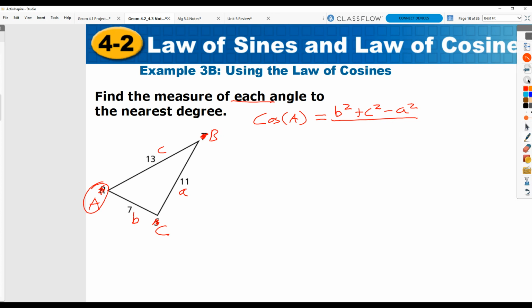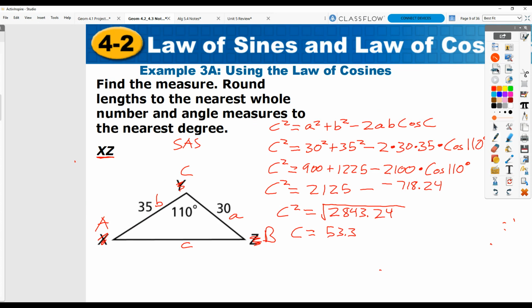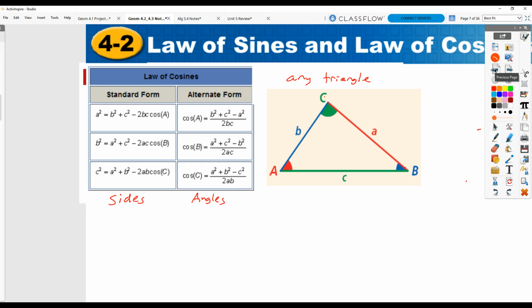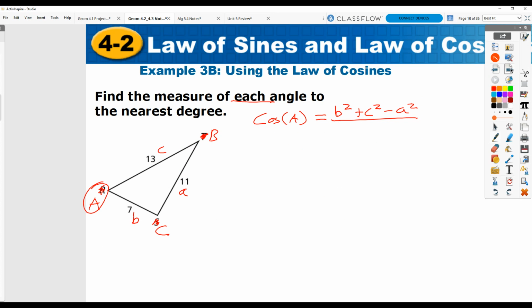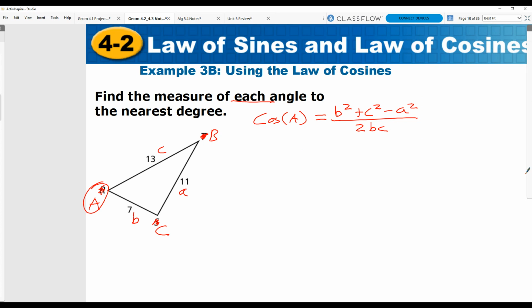And then let me double check what we would have underneath of it. Underneath, I'm going to have 2 times b times c. Okay, so let's go back. All right, underneath of here, I'm going to have 2 times b times c. Okay, now the formula looks like a big mess, but the good news is we have all the numbers that we need to be able to figure out what this is.